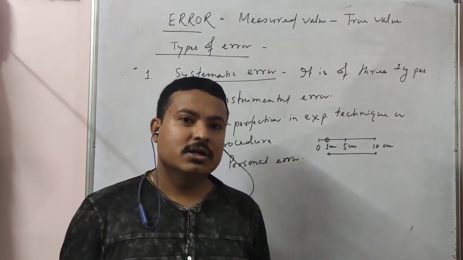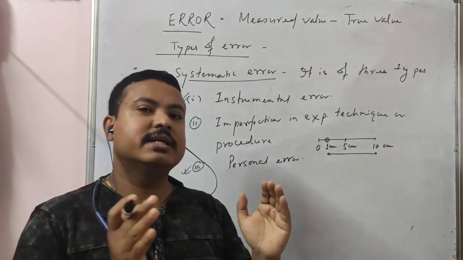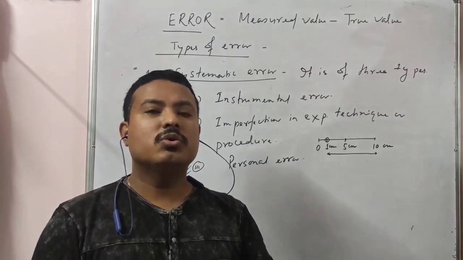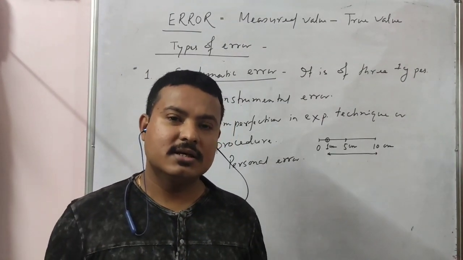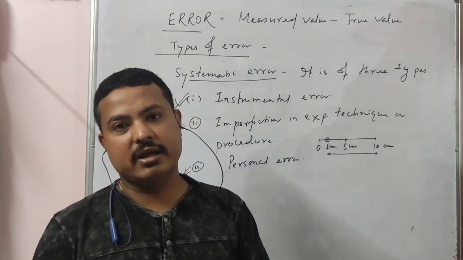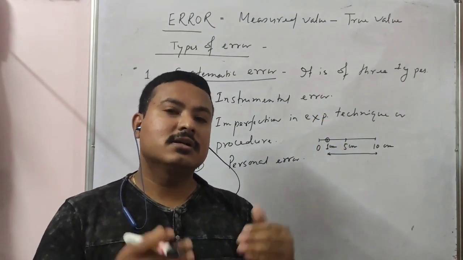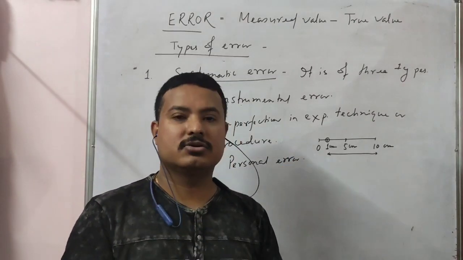Whenever we do some experiments, we should have certain arrangements. If we do not properly arrange the apparatus, then there may be chances of getting errors. Or if we do not follow the right methods, right procedures, then also we may get errors.